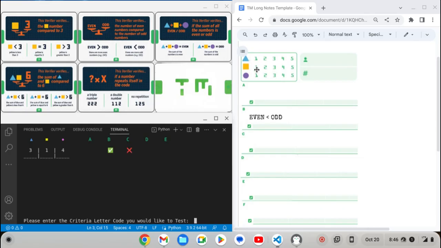So what it's letting us know is that the sum of the 3 digits should be odd. So let's go ahead and type that up in our notes. And we'll say that triangle plus square plus circle should be an odd quantity.